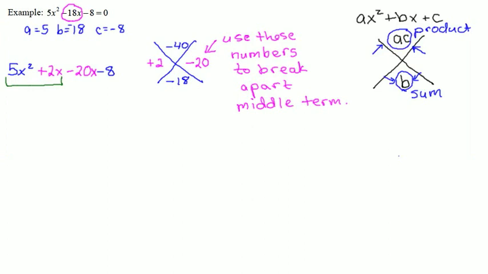Now I can factor by grouping, which means I take a greatest common factor out of the first two terms. That gets me an x. And factoring out that x leaves me 5x plus 2. And in my second group, I'm going to factor out a negative 4. Be sure to factor out a negative number anytime that your first term is negative.